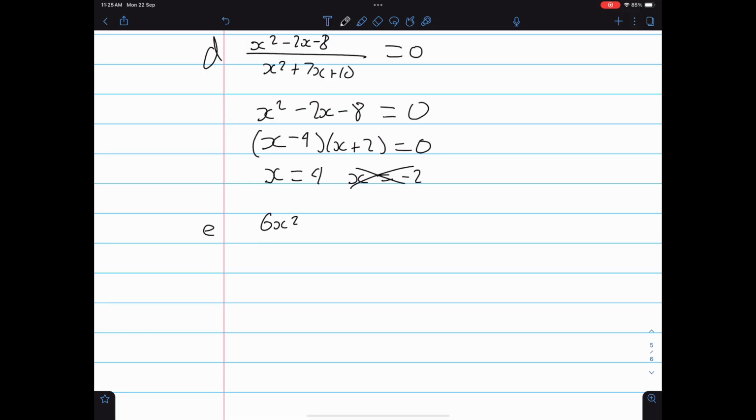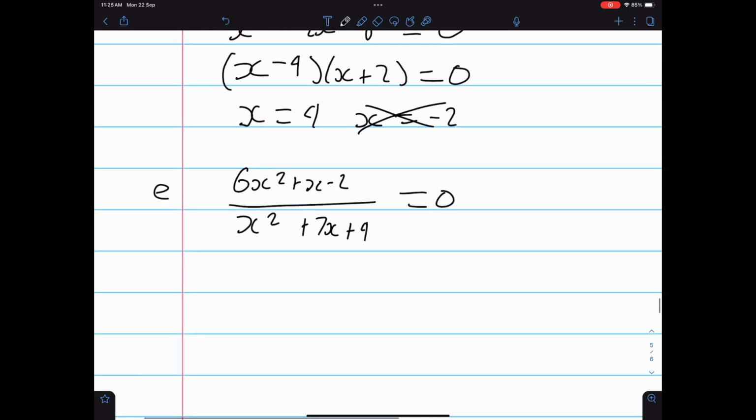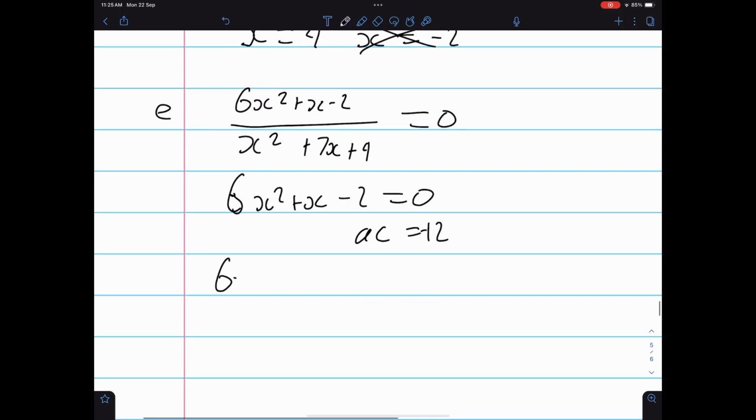6x squared plus x minus 6 over x squared plus 7x plus 4 equals 0. 6x squared plus x minus 2 equals 0. AC equals minus 12. 6x squared plus 4x minus 3x minus 2 equals 0.